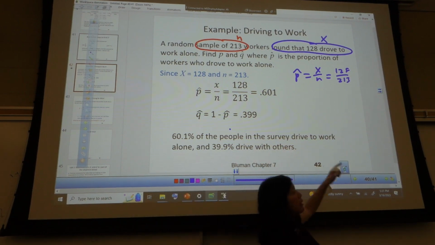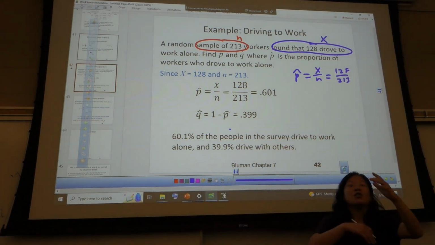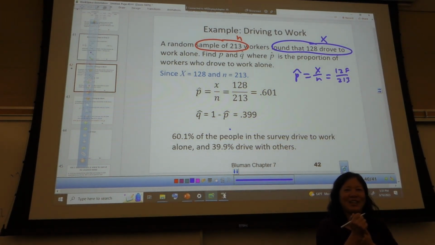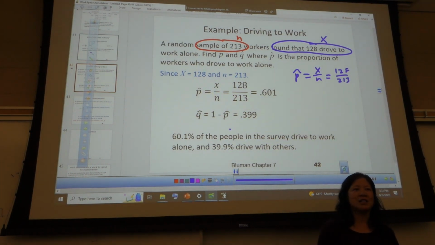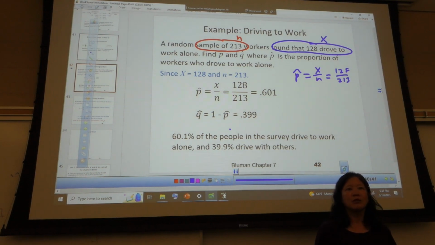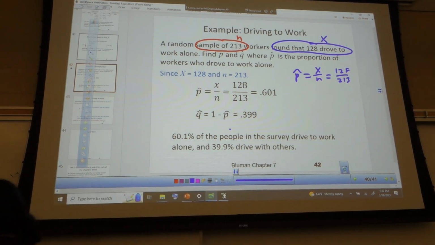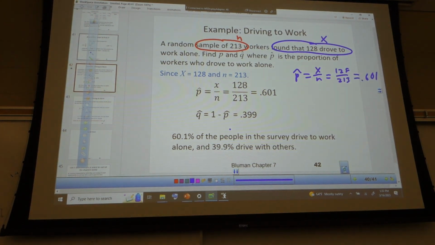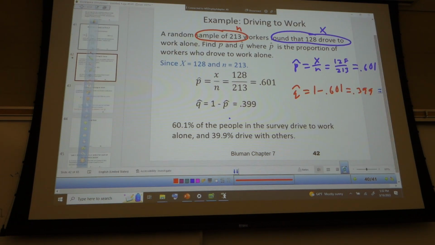If you end up with a p hat of 1.7, that's because you flipped them. You can't have 4 out of 5 dentists not recommend Crest. It's got to be 3 out of 4. So this ends up being 0.601, which means my q hat would be 1 minus 0.601, 0.399. Your p hat and q hat should have 3 decimal places.